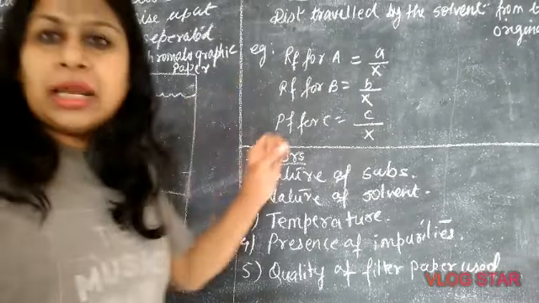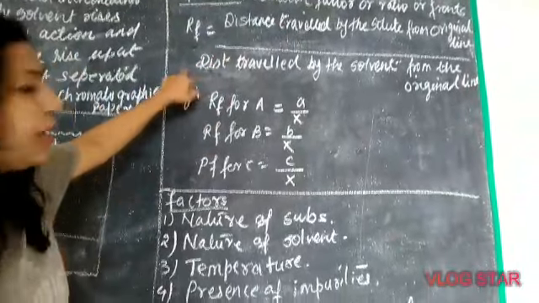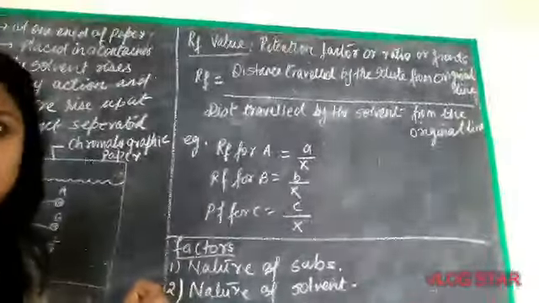So how are you going to calculate the RF? RF equals distance traveled by the solute from the original line upon distance traveled by the solvent from the original line.